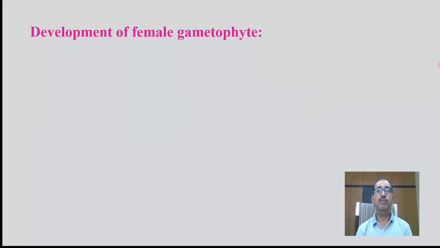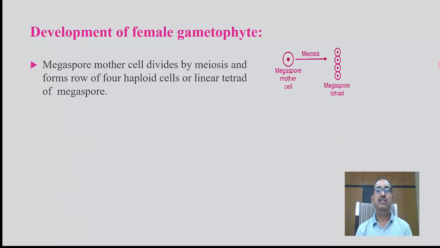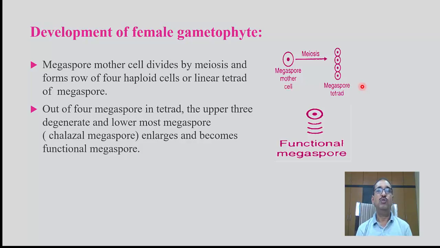Development of female gametophyte. Megaspore mother cell divides by meiosis to form 4 haploid cells, or linear tetrad of megaspores. Out of 4 megaspores in the tetrad, the upper 3 megaspores, which are present toward the micropylar end, are non-functional and degenerate.